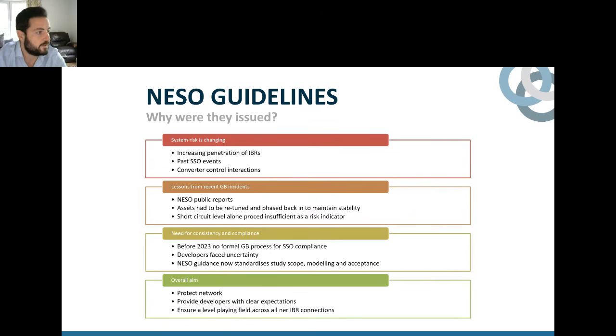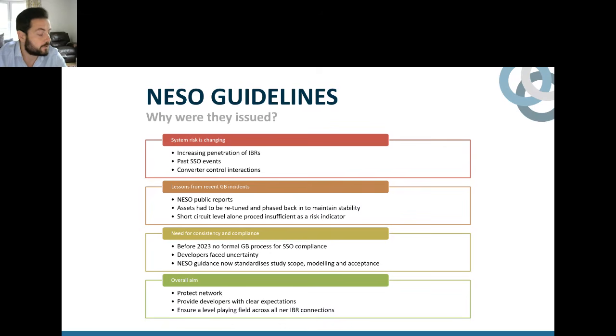There's an increase of penetration of inverter-based resources. The converter control interactions can cause oscillations from a few hertz to hundreds of hertz, so it's still not exactly known what kind of bandwidth we are dealing with, and especially because assets had to be retuned and phased back to maintain stability.